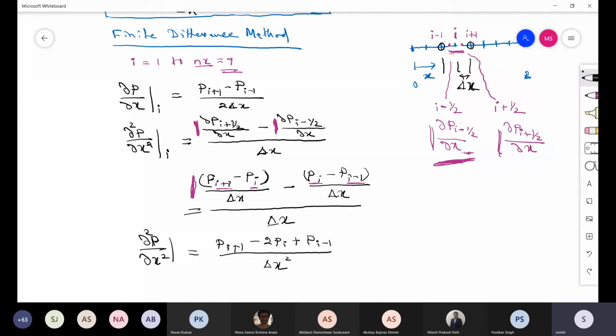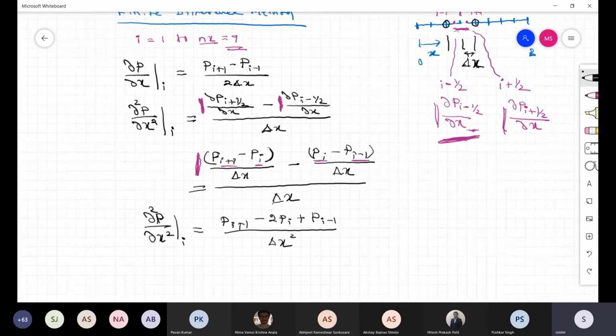At the ith point, del square p upon del x square is defined like this. If you want to write del h upon del x at the ith point, you just replace p with h. The similar algebraic form will be retained.